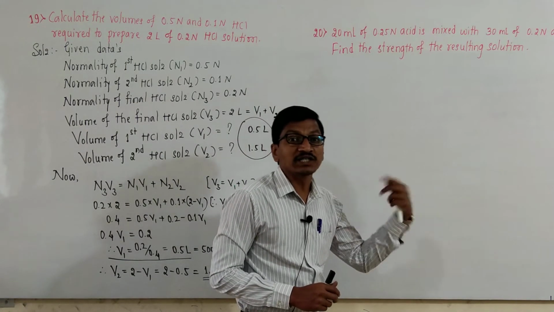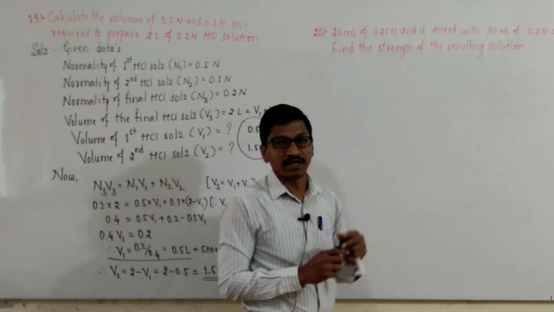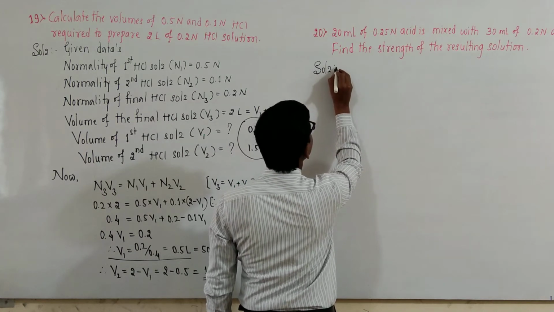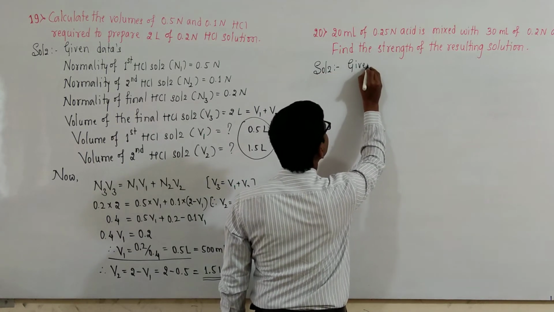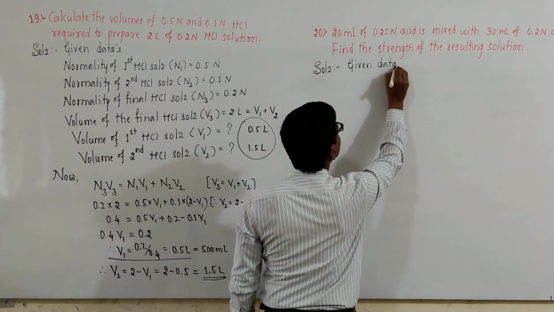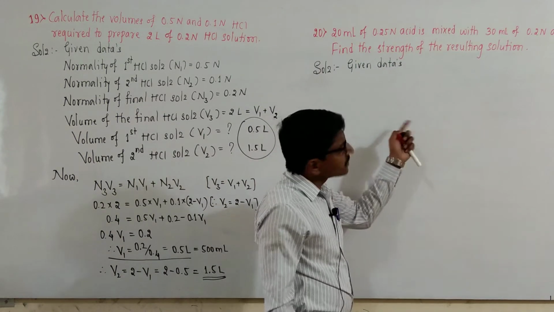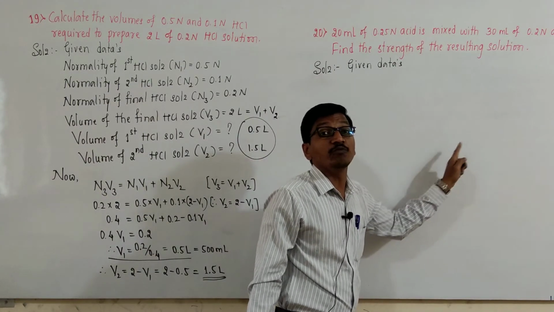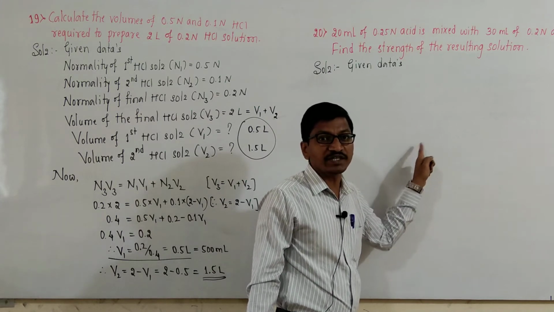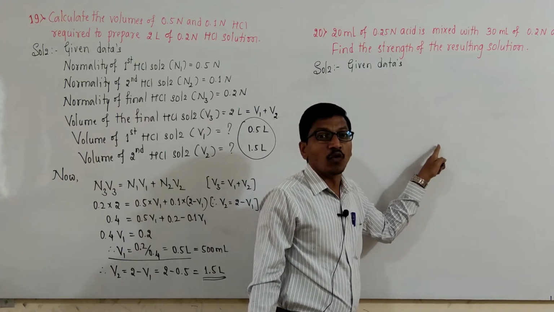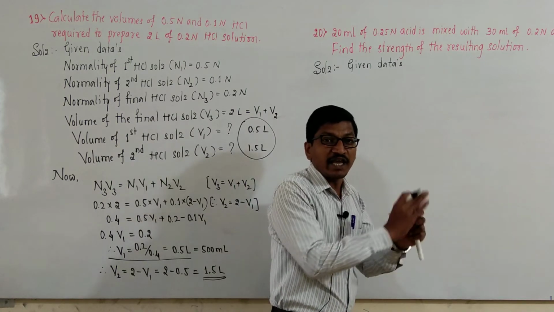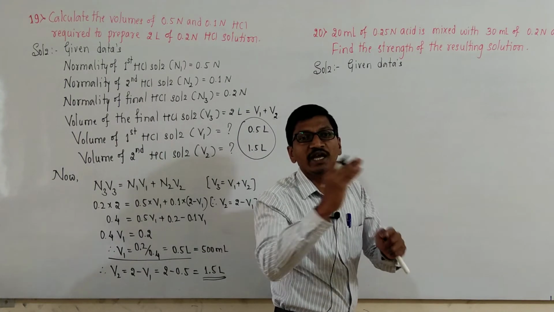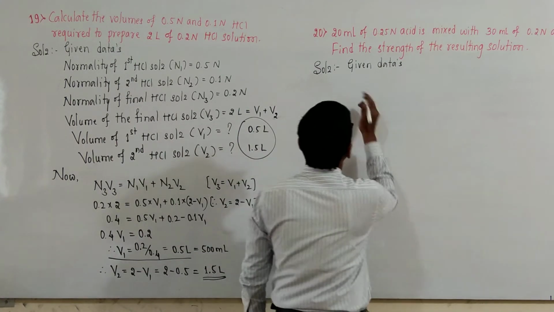Whether the resulting solution is acidic or basic, they ask us to find the normality. Given data: instead of N1V1 I considered NaVa and NbVb. Na means normality of acid, Vb means volume of base. NaVa means acid normality and volume, NbVb means normality and volume of base or alkali.